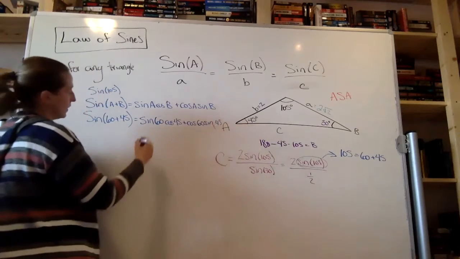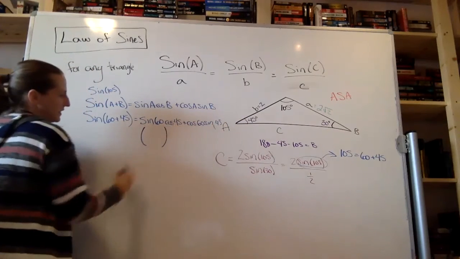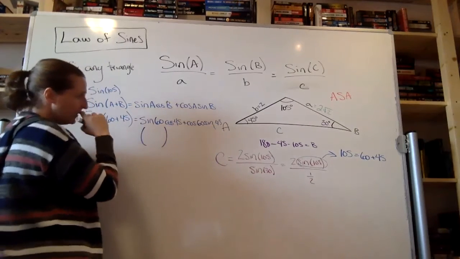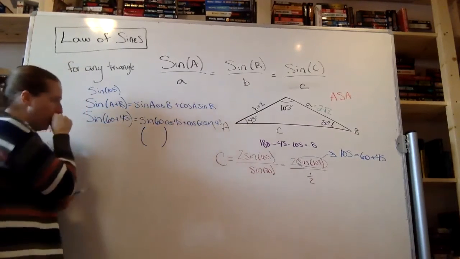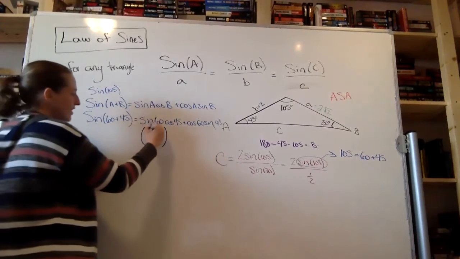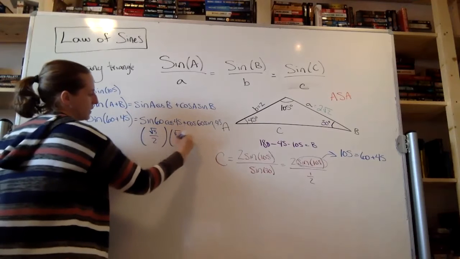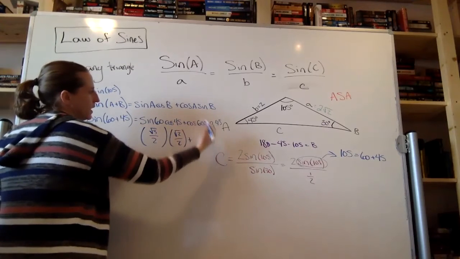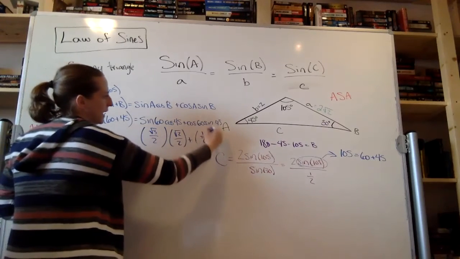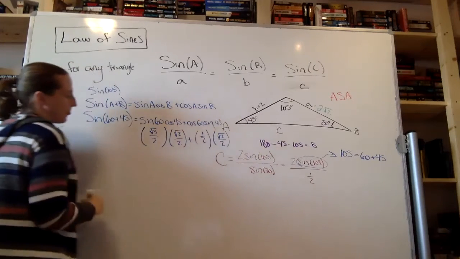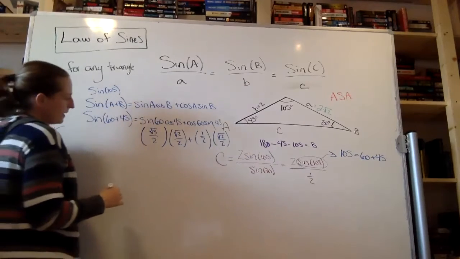Now we know what all of those are. Sine of 60 from our unit circle, excuse me, is square root of 3 over 2. Cosine of 45 is square root of 2 over 2. Cosine of 60 is 1/2. And sine of 45 is square root of 2 over 2. All right, awesome. Now we're going to algebra.